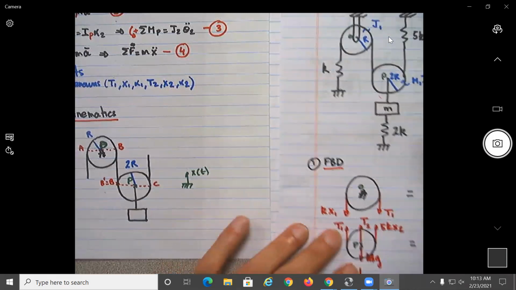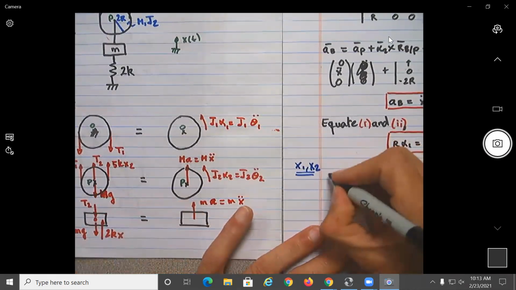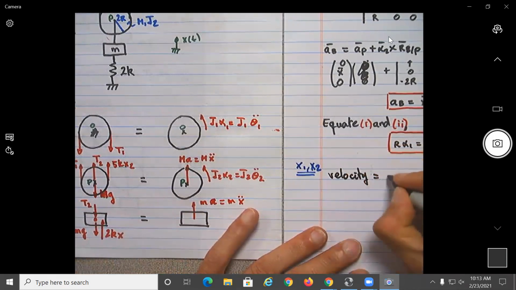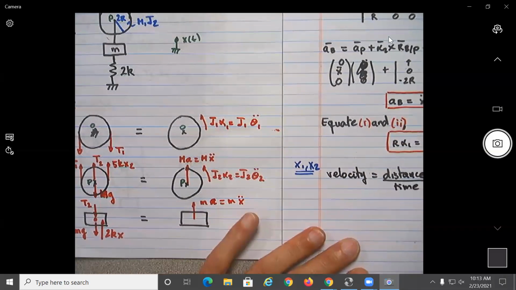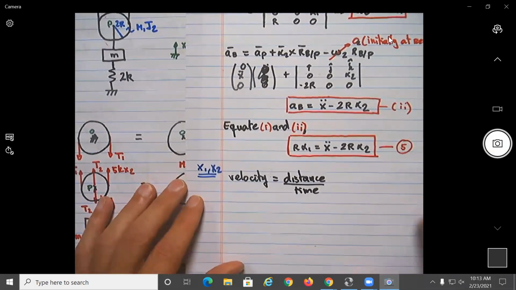I mean, if you want, let's write it down. What I want to say is that for x1, x2, what do you know? You know that velocity is distance over time. So velocity is distance over time.